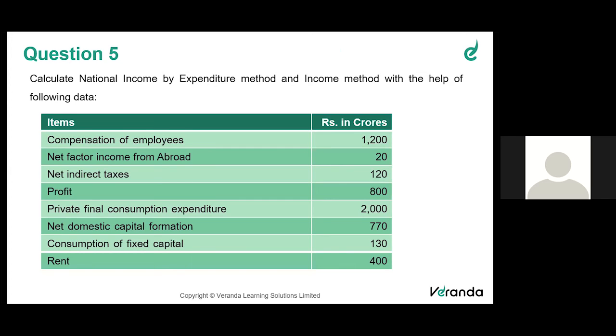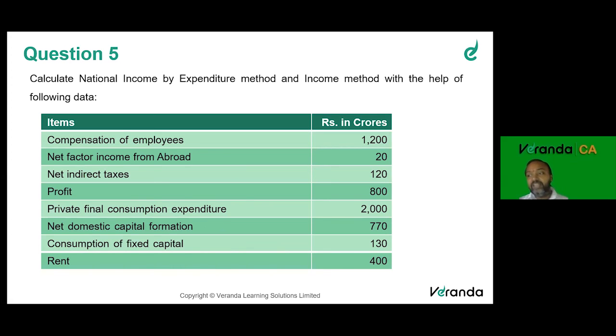So the consumption is there. For instance, I cannot have something as capital and say that I will not reduce it. So that is where these two, 770 crores and 130 crores, will come. One is the net domestic capital formation, another is consumption of fixed capital. The capital is available and we are going to consume it.